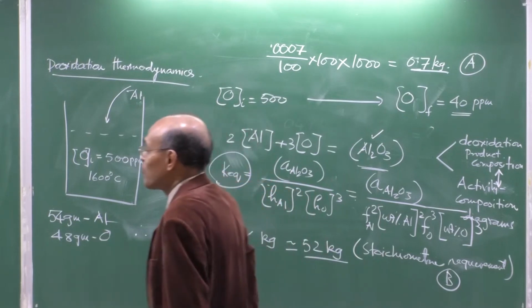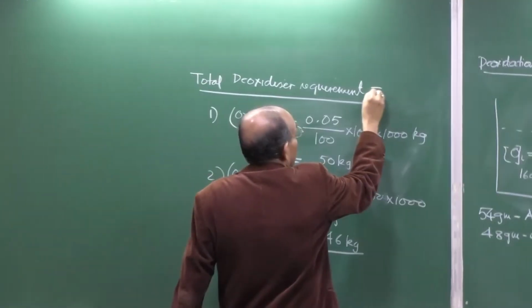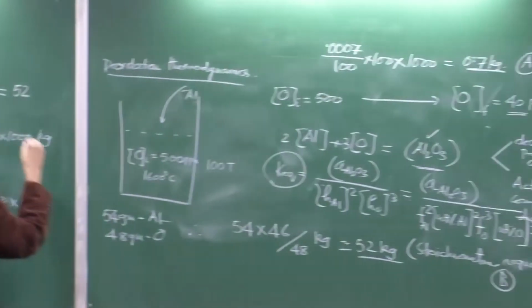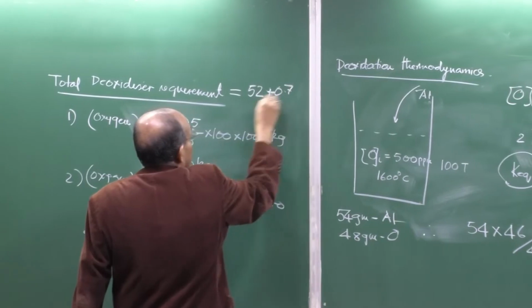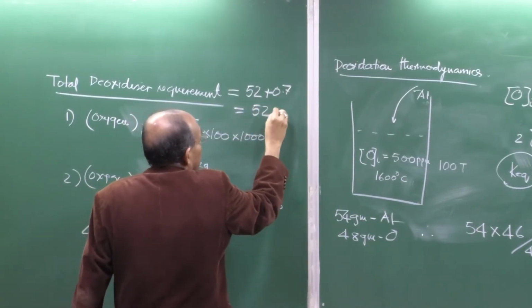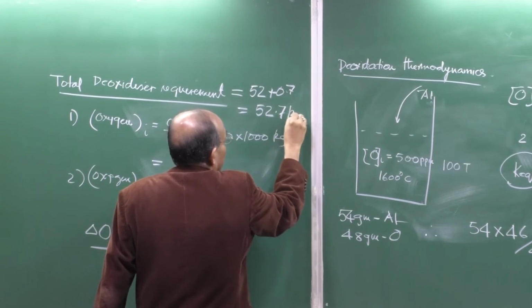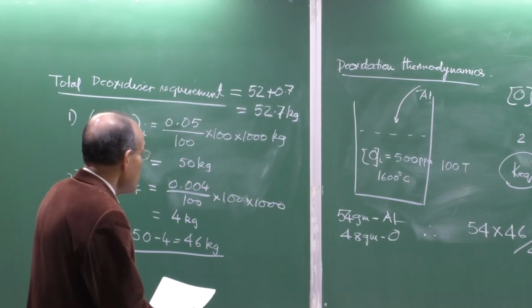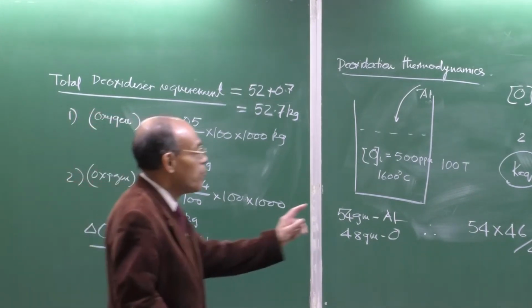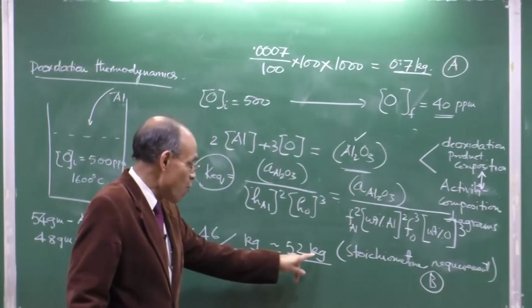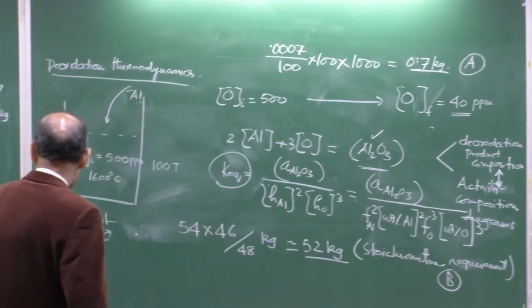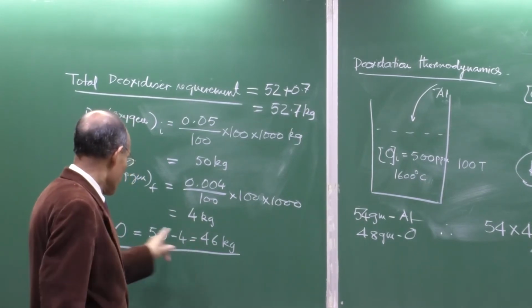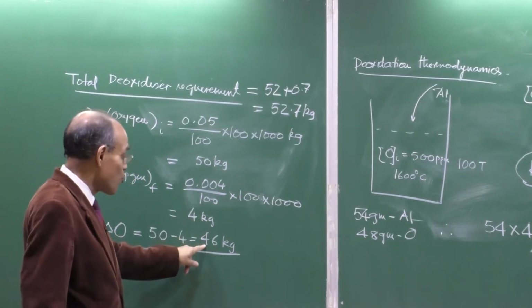The total aluminum requirement is going to be 52, not exactly 52 but approximately, plus 0.7, that is equal to 52.7 kg. In the deoxidation product we have 52 kg of aluminum sitting, and there we have 46 kg of oxygen that has been eliminated and gone into the deoxidation product.